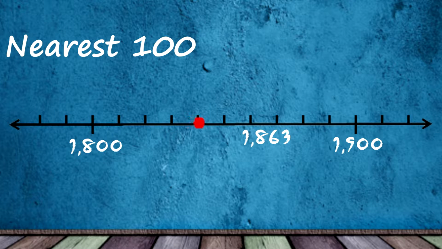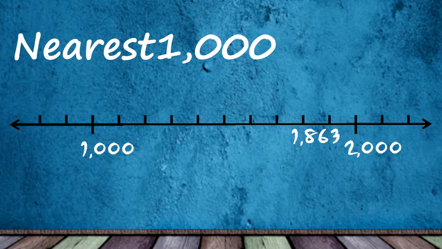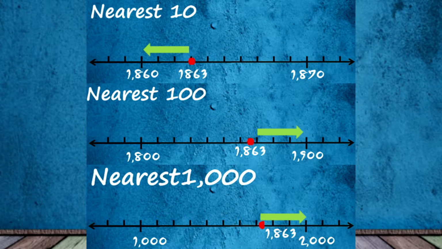But if we want to round it to the nearest hundred, we need to decide if it goes up to 1,900 or down to 1,800. And if we want to round it to the nearest 1,000, we need to decide if it goes up to 2,000 or down to 1,000. And in each case, the decision was based on which round number was closer to the original number.